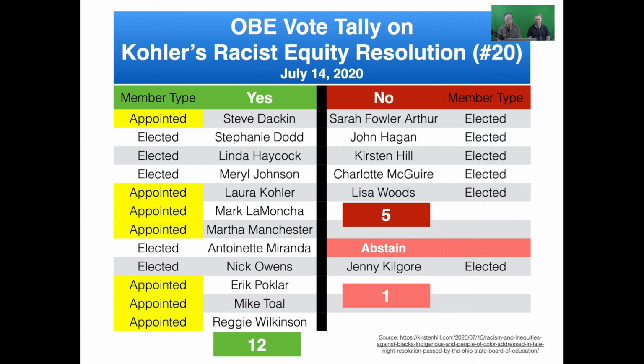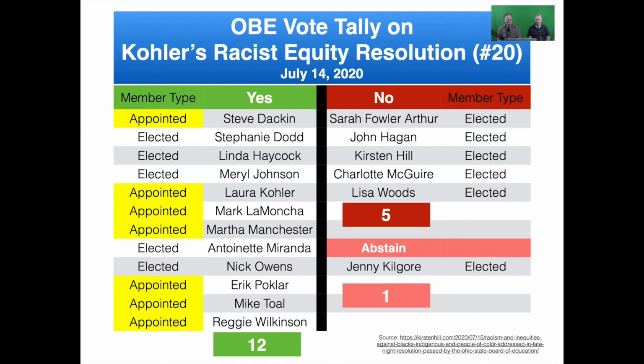The vote came out 12 approving, 5 against, and 1 abstention. And the chart shows that of the 12, 7 were appointees. No appointees voted against this resolution. So if the board were completely elected members only, this resolution, in fact, would not have passed.